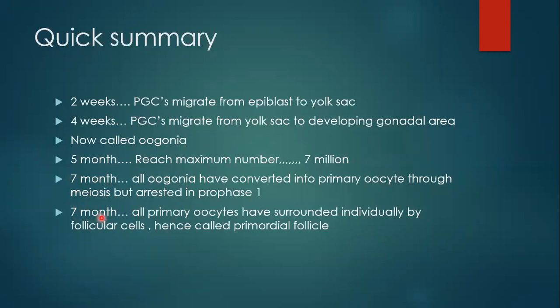Then during this 7th month of life, all the primary oocytes are surrounded individually by follicular cells, hence given another name, that is the primordial follicle, right? So the first cells are named primordial germ cells, then the oogonia, then the primary oocytes, and then the primary oocytes, when surrounded by follicles, are known as the primordial follicle, right?